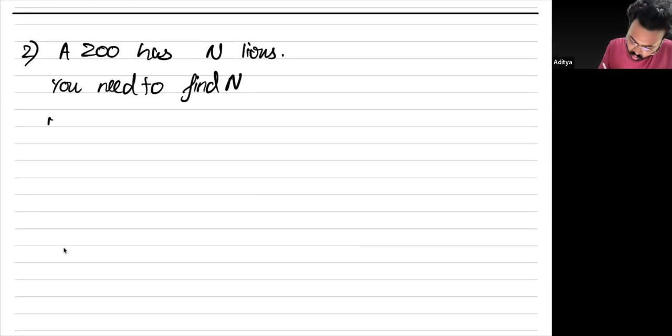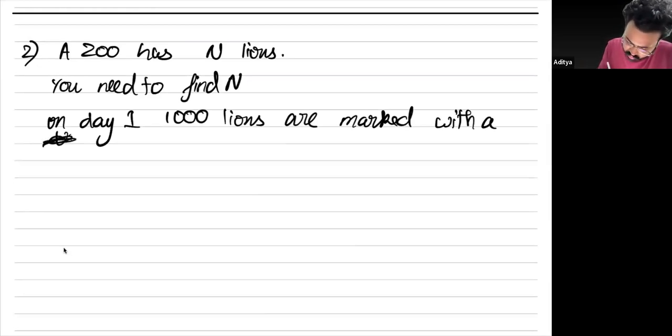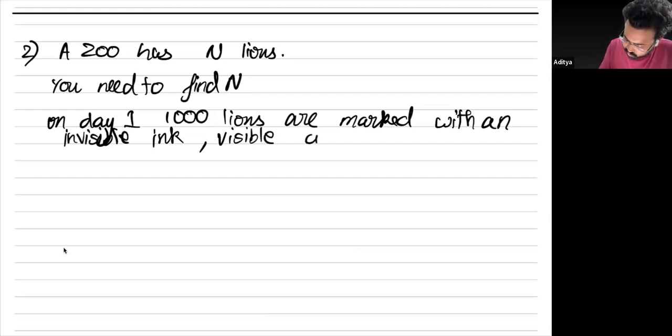It is given that on day 1, 1000 lions are marked with invisible ink, in a non-invasive manner, visible under UV light.